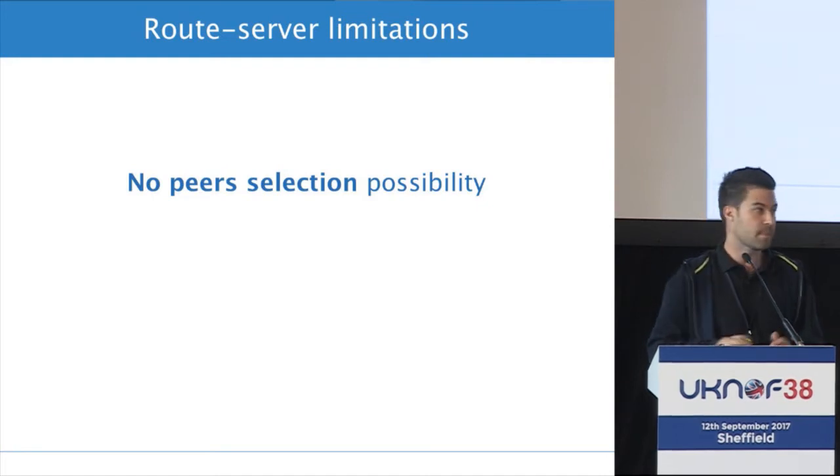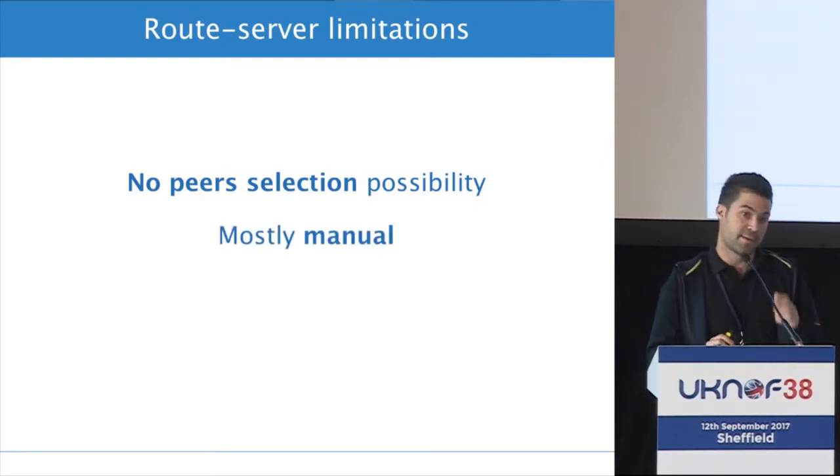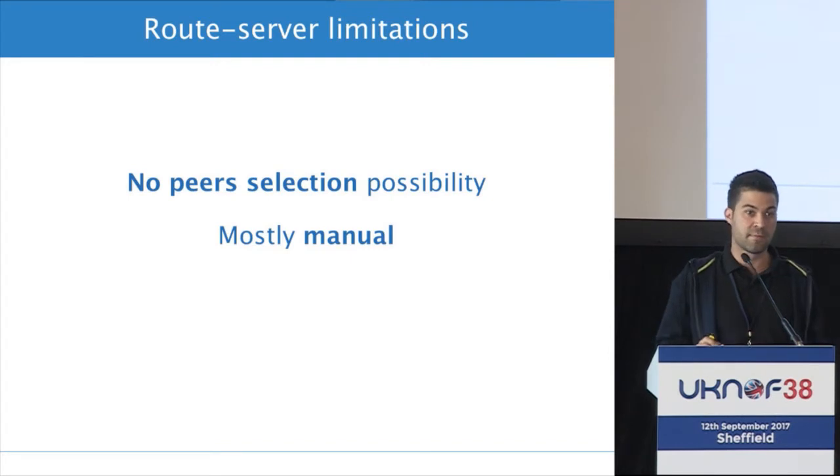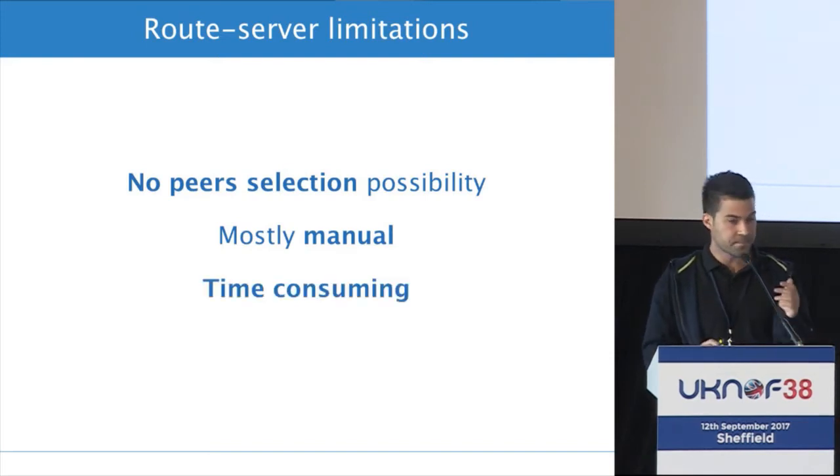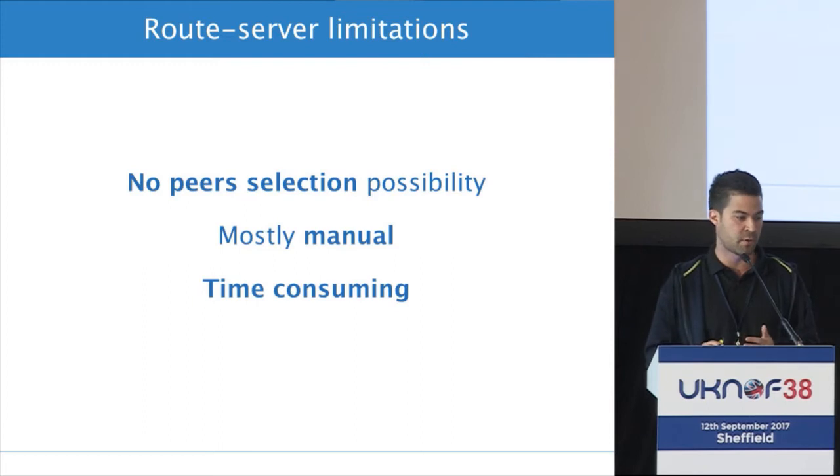On top of it, there is the fact that route server management is still performed in a really manual way. And manual means really time consuming, for the full time from when a customer requests a configuration modification to when the configuration gets actually deployed.